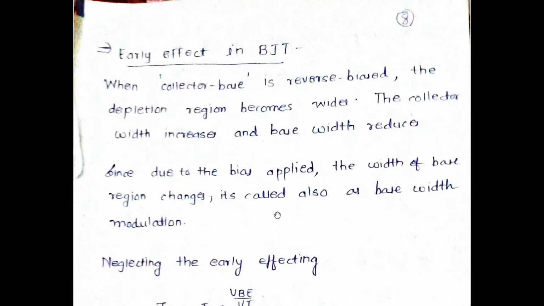Let's try to understand. What happens is that when the collector and the base are reverse biased, the depletion region becomes wider. That is, the collector width increases and the base width reduces.